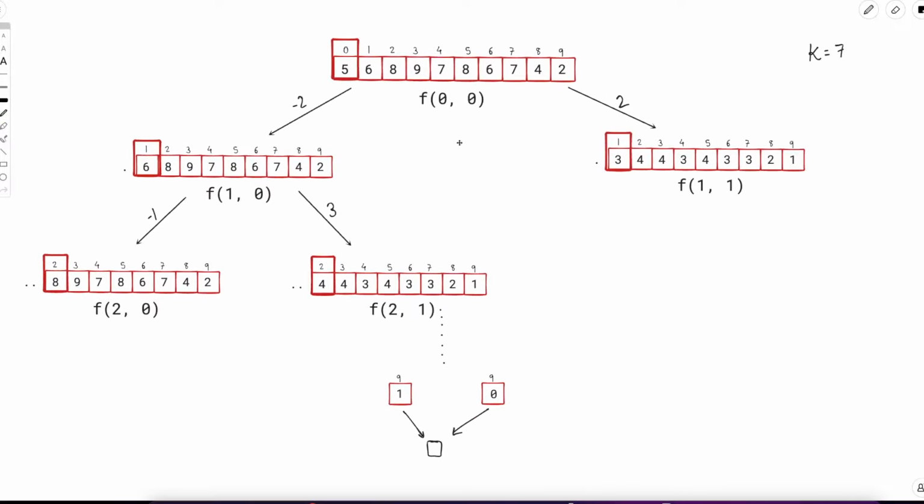Instead of the entire array, we now have just two things with us: the index and how many 2's we need to divide by. Basically, how many 2's we need to divide everything after this index by, right? Initially we don't need to divide anything by 2, so it is 0.